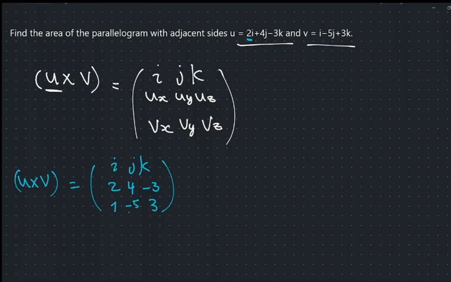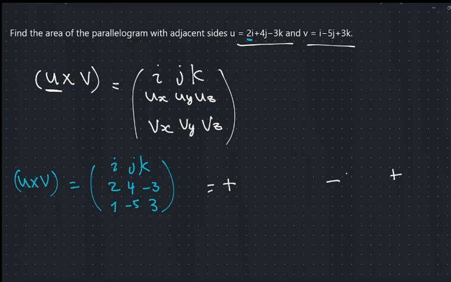And then let's remind ourselves, how can we find the determinant of this 3 by 3 matrix? It has 3 steps. The first step is to put a plus, a minus, and then a plus. This is to find the determinant, okay? So the determinant of this matrix is going to be equal to this.